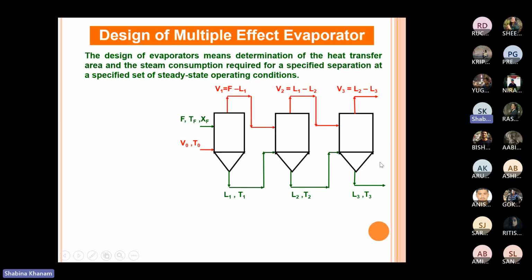The last effect pressure is usually a known quantity because the vacuum pump is there, and from that we can read the vacuum value. When we consider these effects, after steady state some pressure is maintained, but of course P1 would be higher than P2, and P2 would be higher than P3. So P3 in that case will always be a specified parameter.